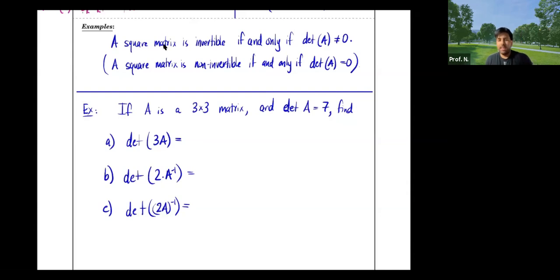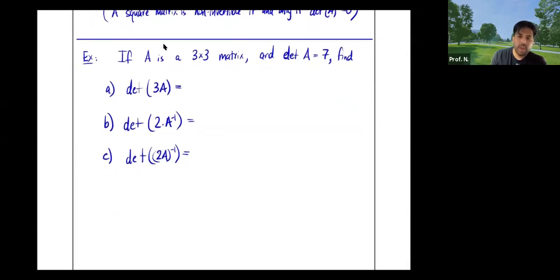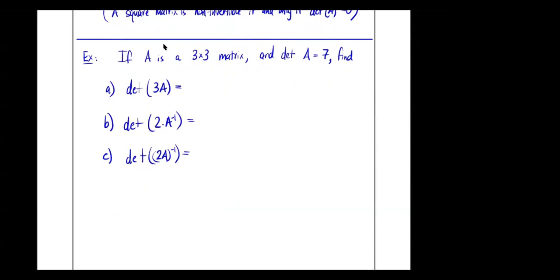Yeah, it's almost adjoint time. So let's do this real quick though. From the previous properties that we have, what would be the determinant of the matrix 3A, if the determinant of A is 7?